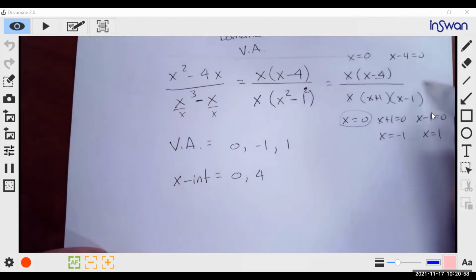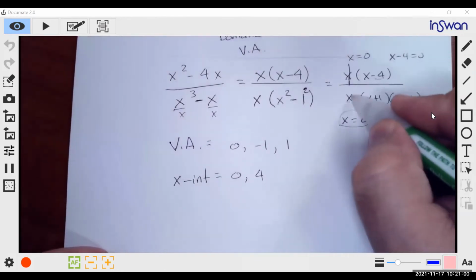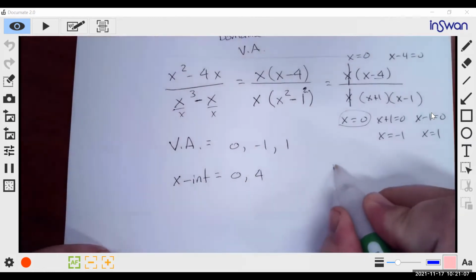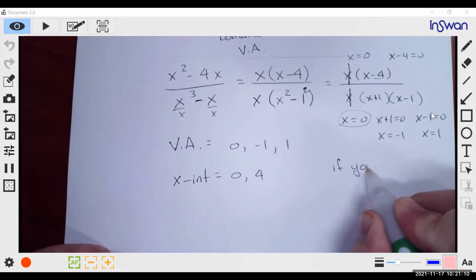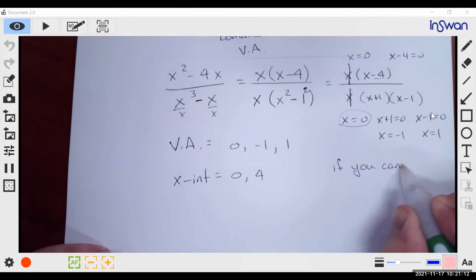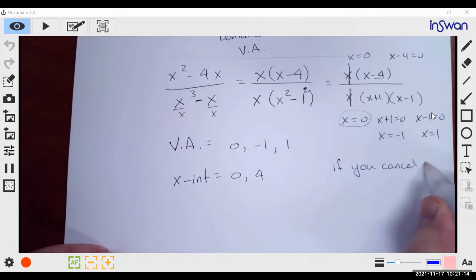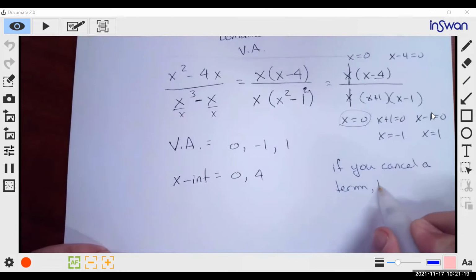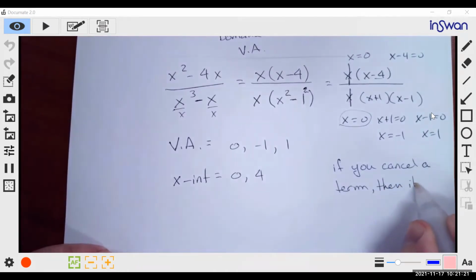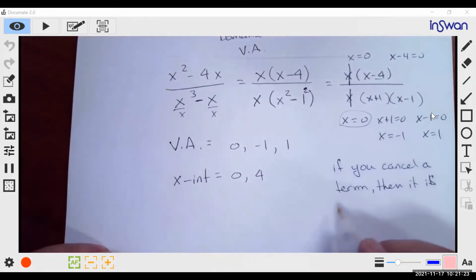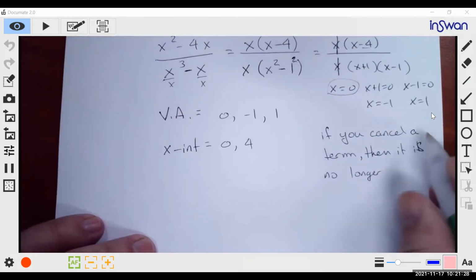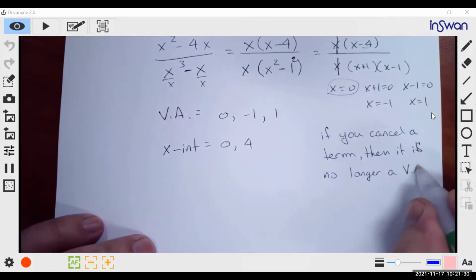Because if you look at this equation here, we can cancel out the x's. If you cancel a term, then it is no longer a vertical asymptote.